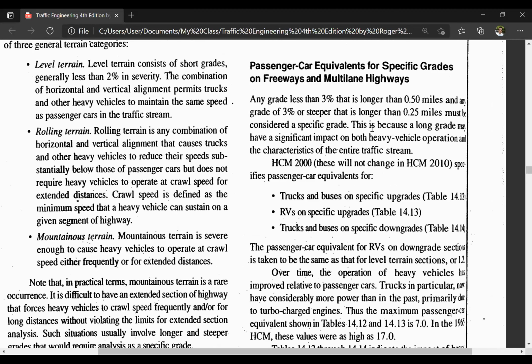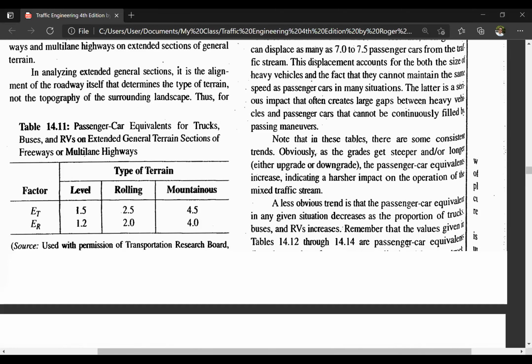For grade effect, because on some road segments, the terrain may not be smooth or may have composite grades, like a steep grade connected with a smooth grade for a period of distance, then you may need to use the concept of this one.